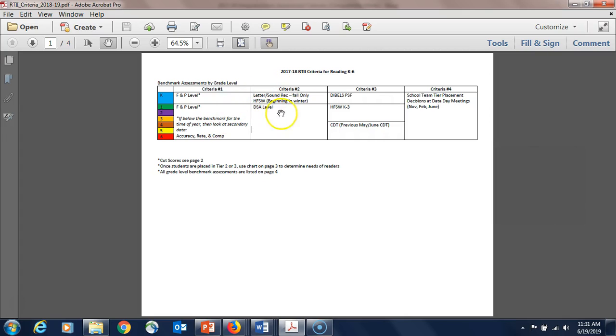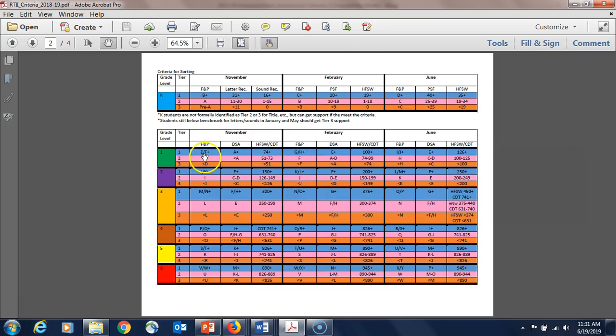And so here are the 3 different assessments. And you'll see here, I'm just going to use first grade as an example. If the student is reading at a level E or above, is spelling at a level A, and that's an assessment we get, and has approximately 74 sight words in November, they're considered on level.